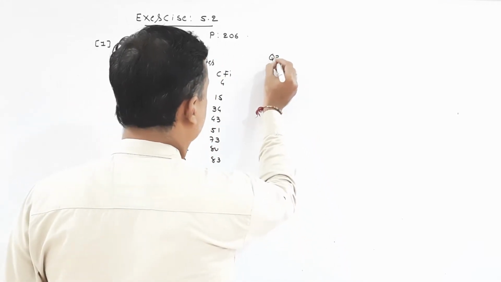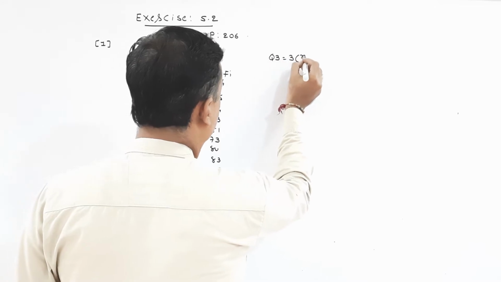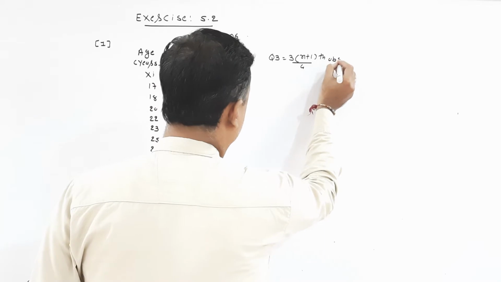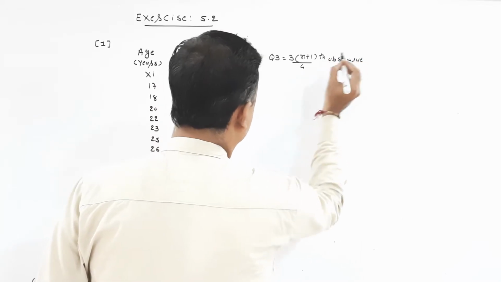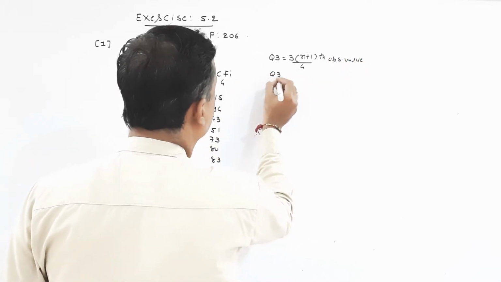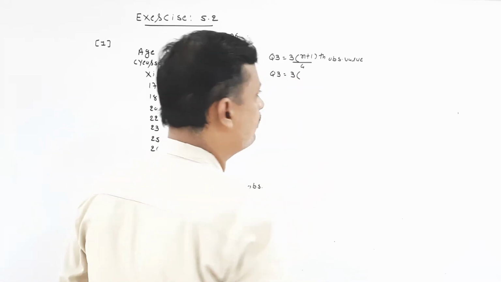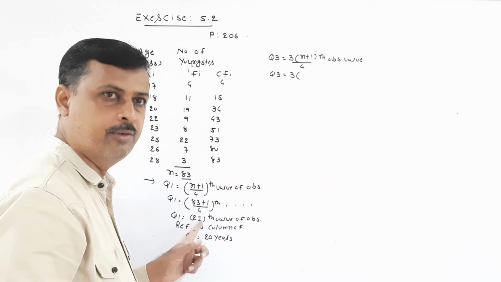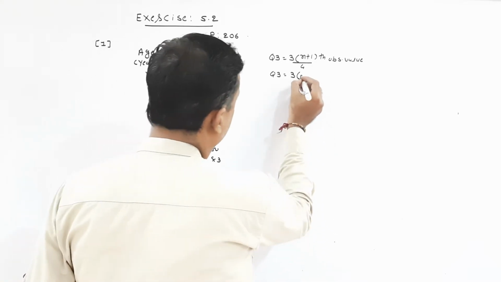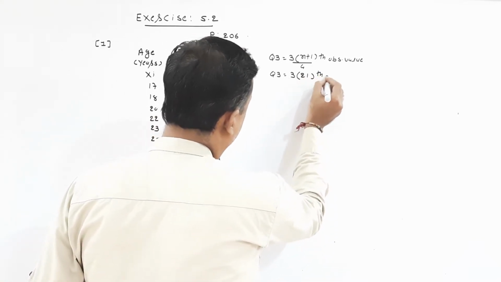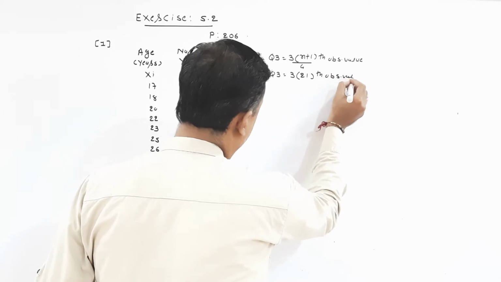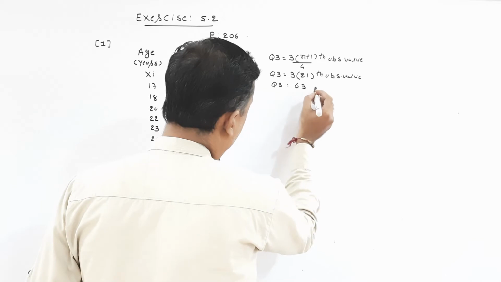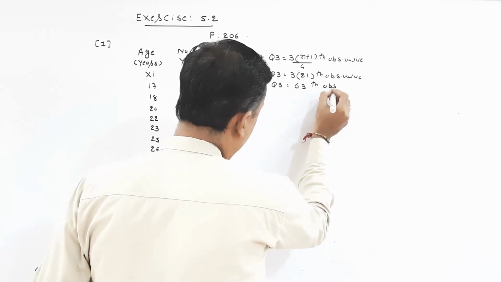Q3 is the 3(n plus 1) by 4th observation value. (n plus 1) by 4 is 21, and 21 into 3 is 63rd observation value.